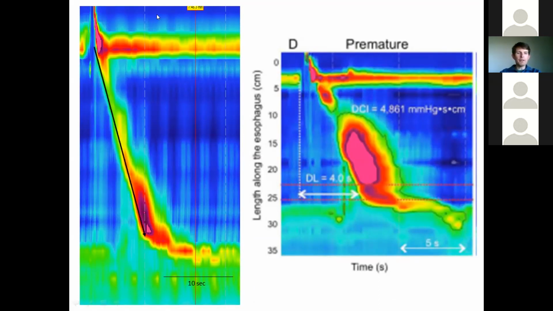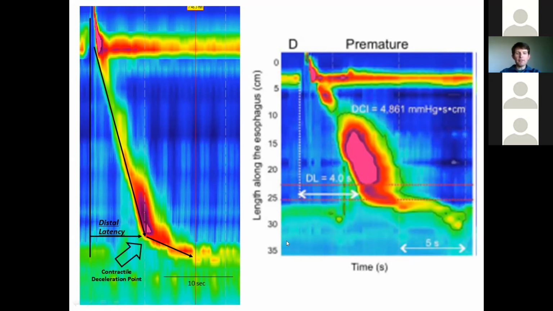There's a rapid progression phase, and then a slowing of the peristalsis as it gets closer to the gastroesophageal junction. The point at which it goes from that rapid progression to the slowing of the peristaltic wave is the CDP, the contractile deceleration point. The time that it takes from the initiation of the swallow to that CDP is the distal latency. So it's a measurement of time.